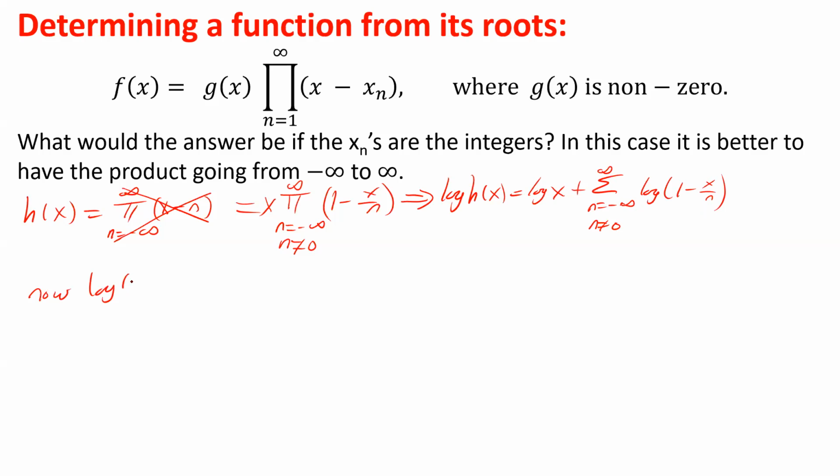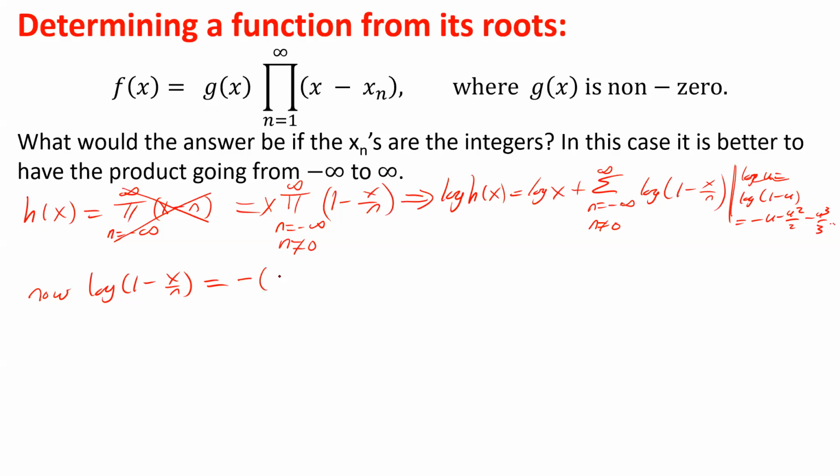Now the log of 1 minus x over n, what does that equal? The log of 1 minus u is negative u minus u squared over 2 minus u cubed over 3, dot dot dot.